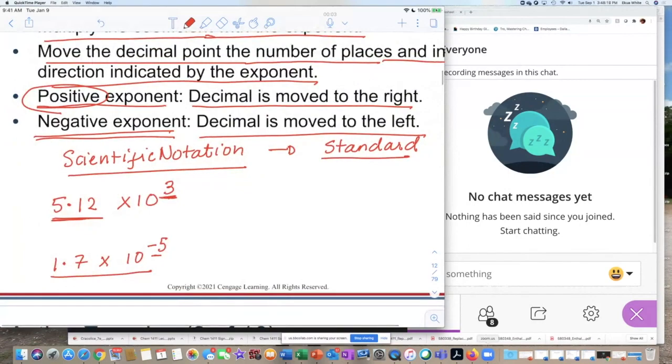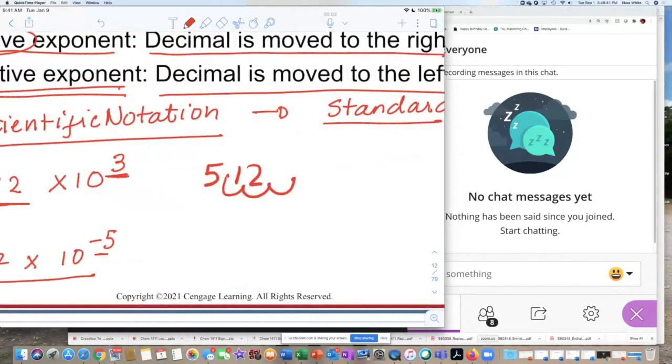So being given this one here, you will start with the base number or the coefficient, right? 5.12. And this time, you have to move your decimal 3 spaces to the right. So I move it 1, 2, 3. Since there's nothing in this empty spot, you will add a 0.